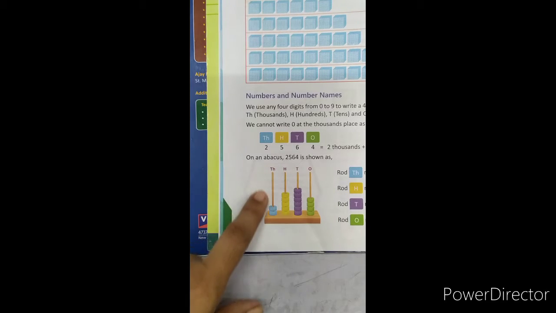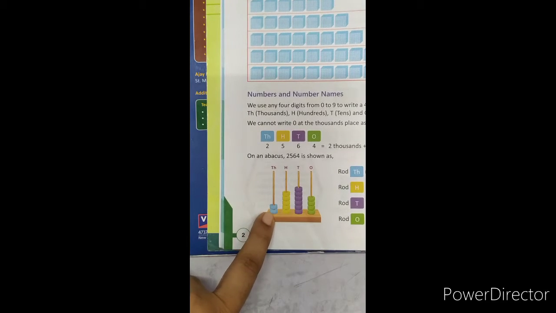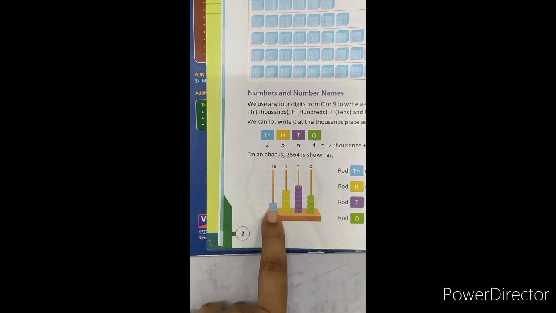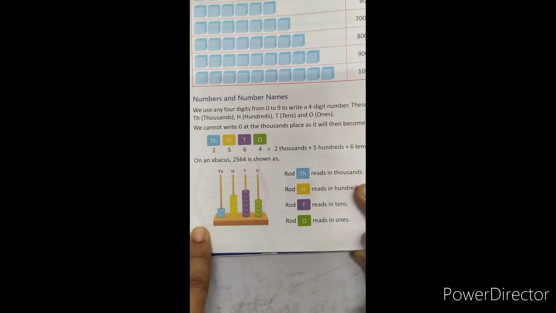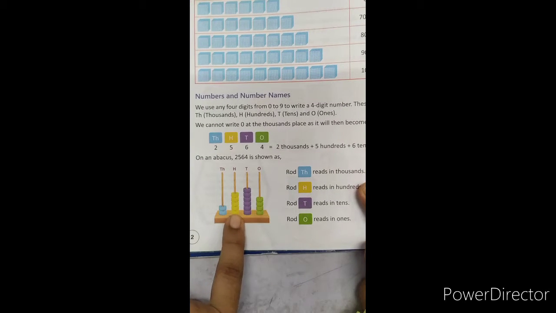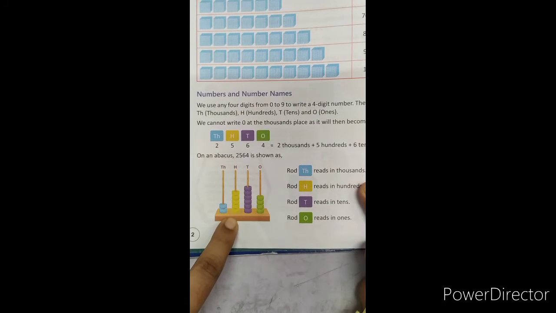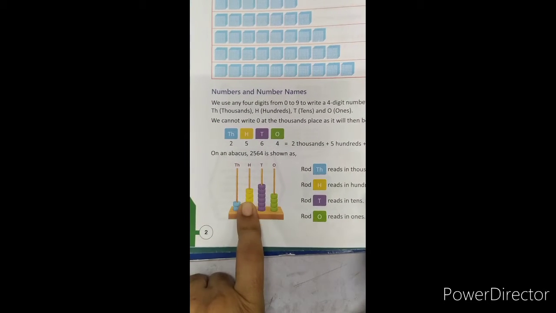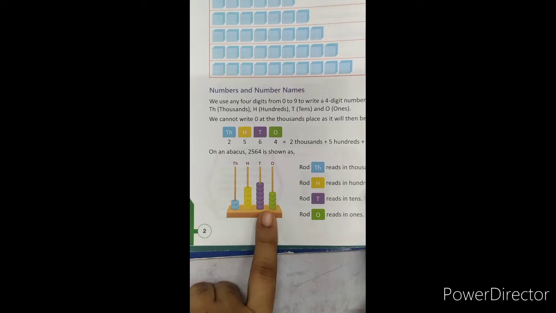In the 1000 place, you can see there are 2 blue color beads, and blue color represents 1000. Then you have the 100 place rod that has 1, 2, 3, 4, 5 beads over here, and this will represent 500.